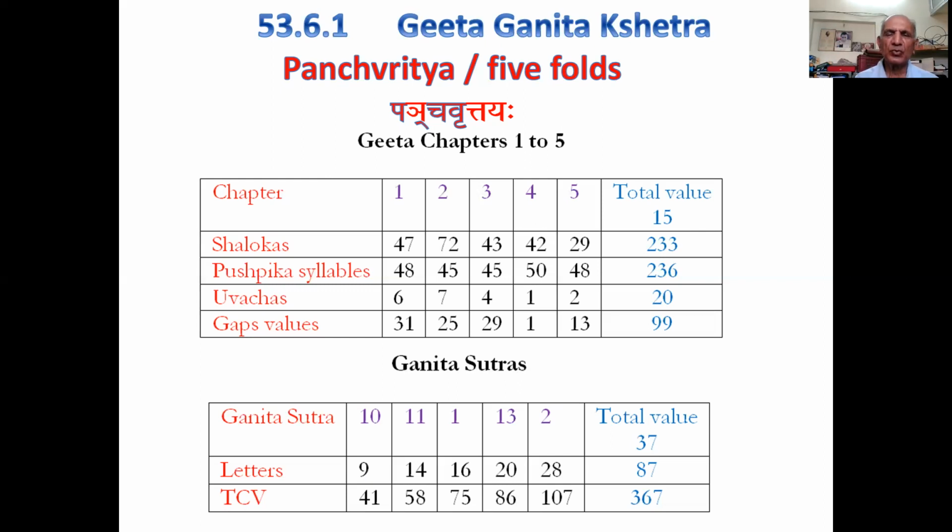The sutras, these 5 sutras, namely Sutra 10, 11, 1, 13, and 2, are the texts of letters 9, 14, 16, 20, 28 of summation value 87.